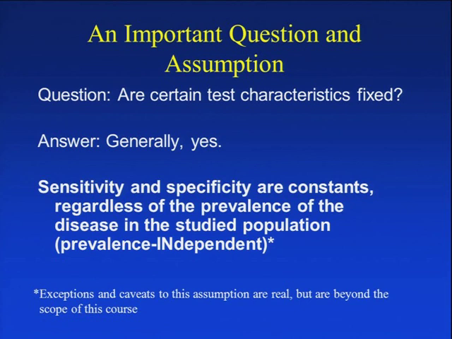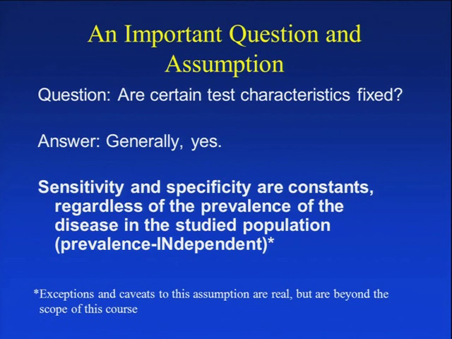Meaning that if you were to do that same study with a different patient population, meaning instead of 150 and 150, you actually had 100 and 200, or you actually had 500 and 2,000, affected and not affected, your sensitivity and specificity should generally come out the same. Your predictive values will drastically change, but your sensitivity and specificity should come out the same.